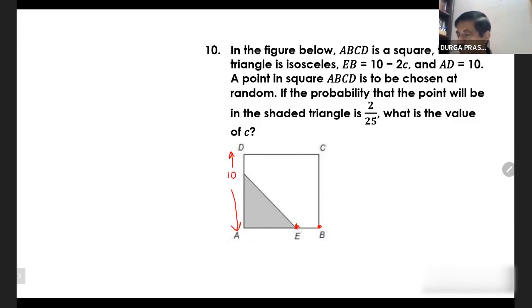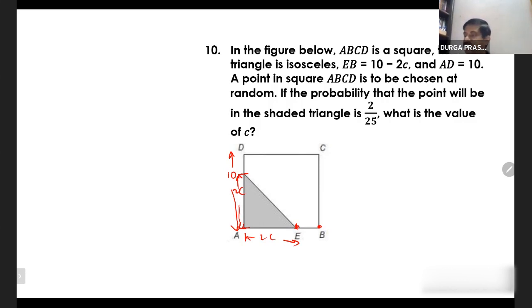This length from here to here is 10 minus 2c, as given. So this should be 10 minus of 10 minus 2c, that is 2c. This length should be 2c. So this is also 2c, and this is also 2c, like this.